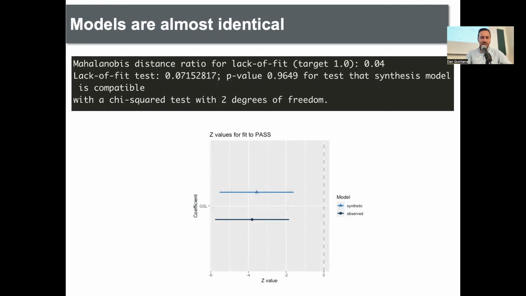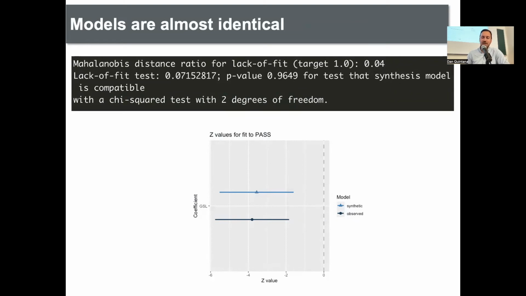Eyeballing the two models here, we can see there's a very high degree of crossover between the synthetic model and the observed model. The coefficient estimate is almost exactly the same, and the confidence intervals have a very high degree of crossover. So looking at our synthetic data, we're very confident that this gives almost the same results as our observed data.